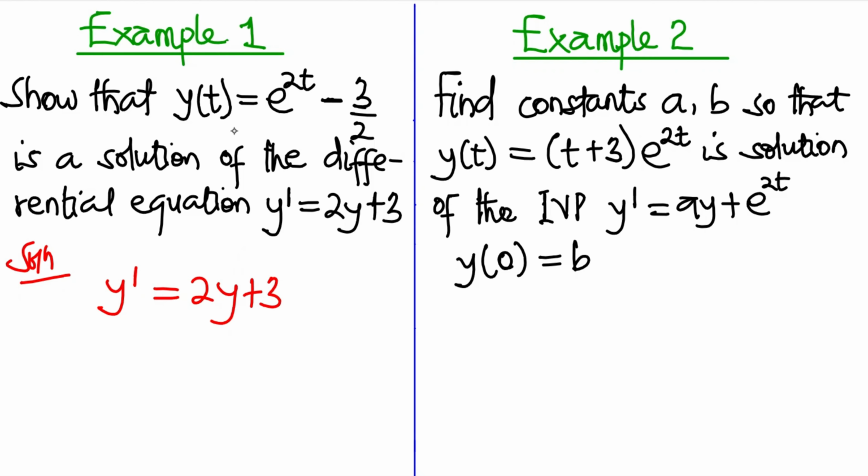And again we differentiate the solution, and then at the end if we realize that their answers are the same, we can conclude that y of t is equal to 𝒂𝒚+𝒕 minus 3 on 2 is a solution of the differential equation y prime is equal to 2y plus 3. If not true, you conclude that it is not a solution of the differential equation.